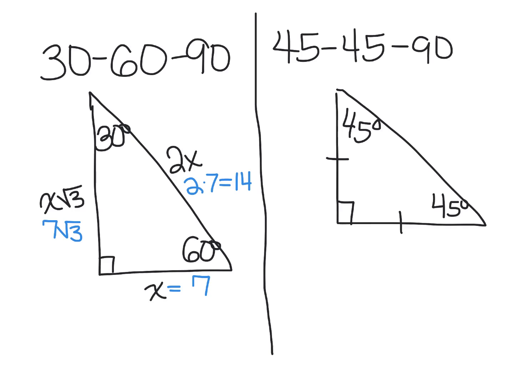And then my hypotenuse is going to be the longest side. So let's say that I have some side length x. That's going to be congruent for both of the legs. And then my hypotenuse is going to be that same value but multiplied by the square root of 2.